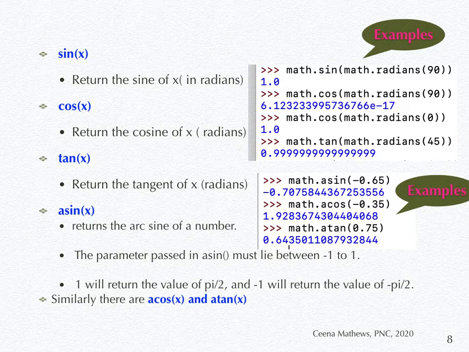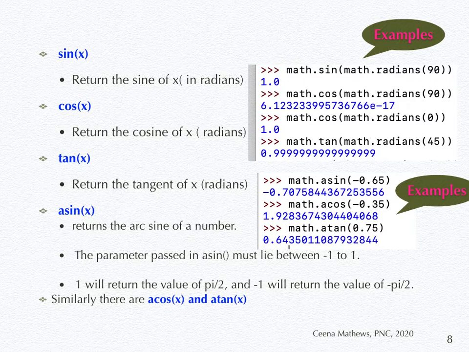Example is given here, math.asin of, here we are not using any degrees, instead the value should be between -1 and 1. So here I have given float numbers: minus 0.65, minus 0.35, 0.75.